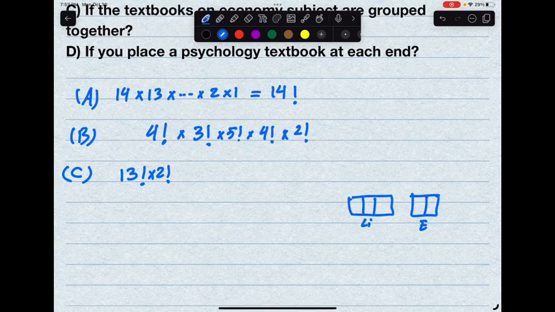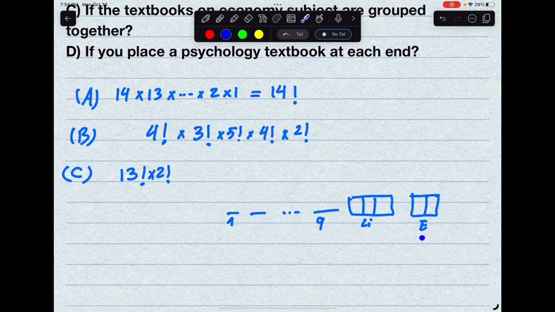So it is 5 out of 14, so there are 9 remaining books, book number 1, 2 to 9, for the other 2 subjects. Now we choose which of these 9 books go along with these two other groups. So that means 9 books here, then 10 and 11, so we have 11 factorial.